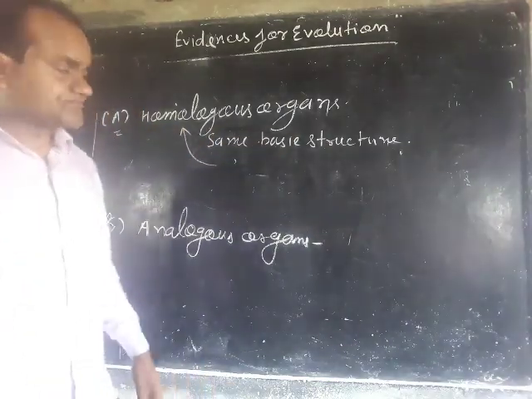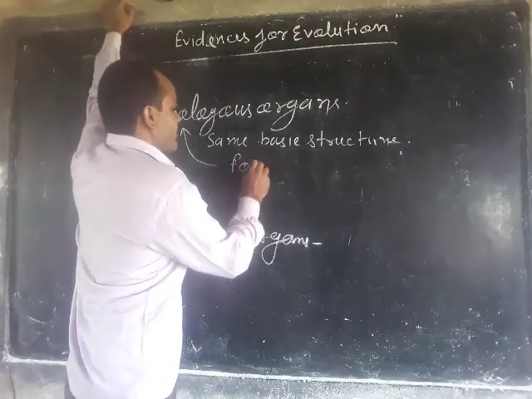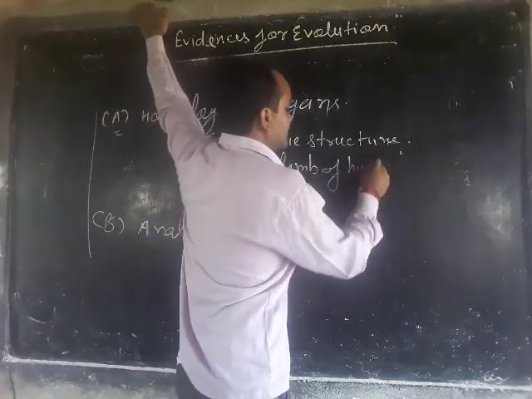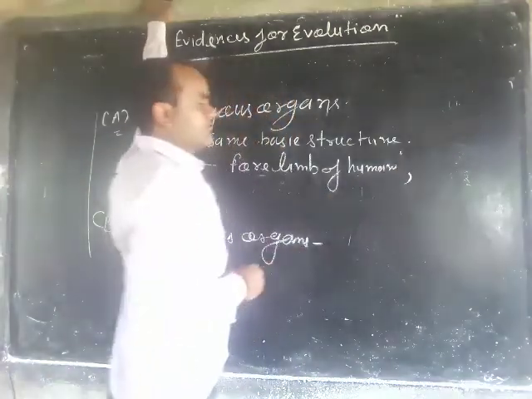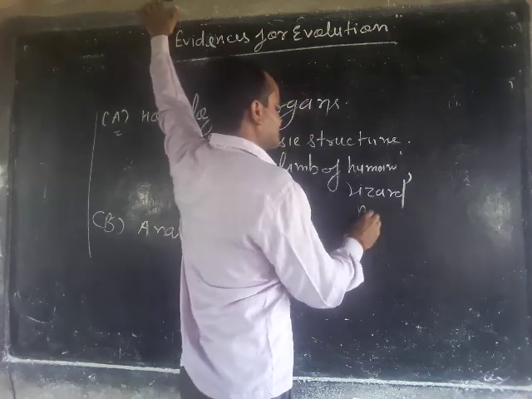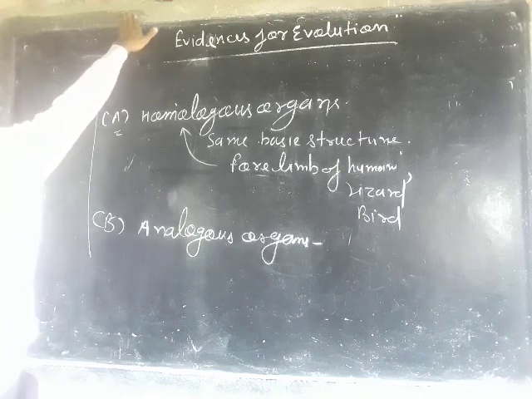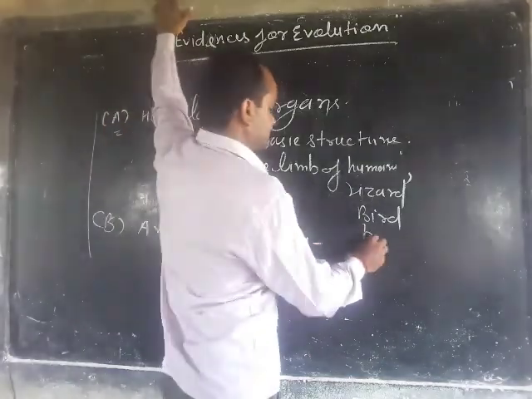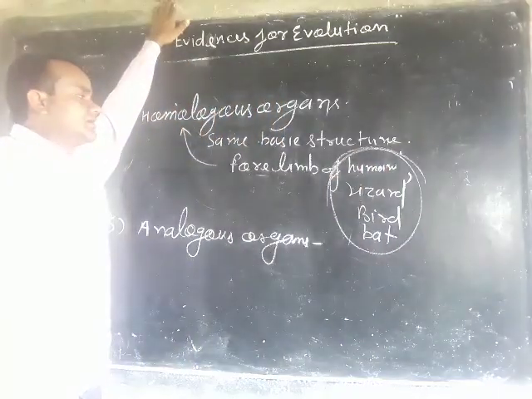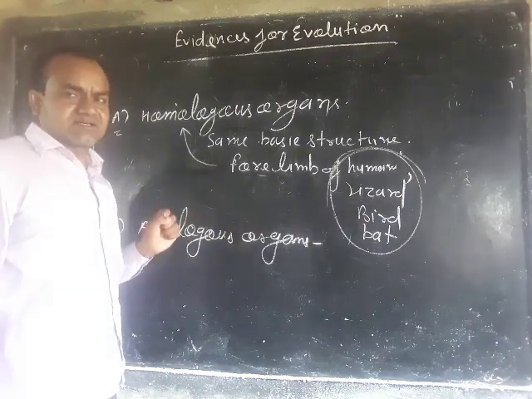For example, the forelimb of humans, forelimbs of lizards, forelimbs of birds, and forelimbs of bats. They have similar origin and similar structure.